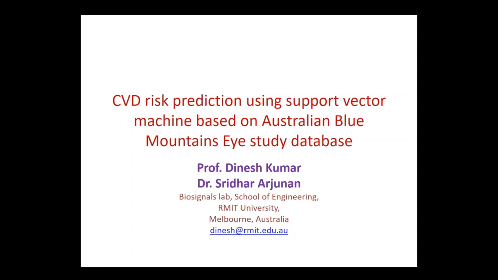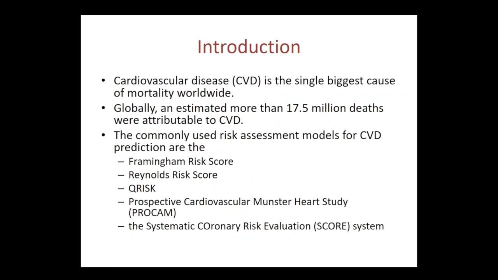So then we attempted to come up with our own method, which is what we are reporting here. And before I even start, the purpose we are hoping is that we can get our hands onto more databases, including the Framingham database, if we can, to see whether we can do something better than what it was before.